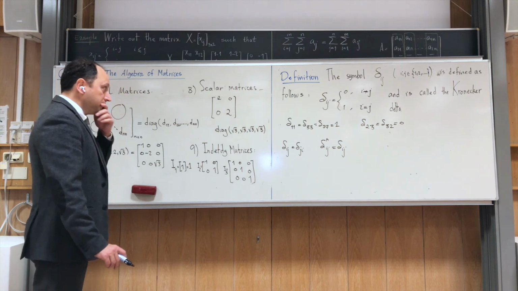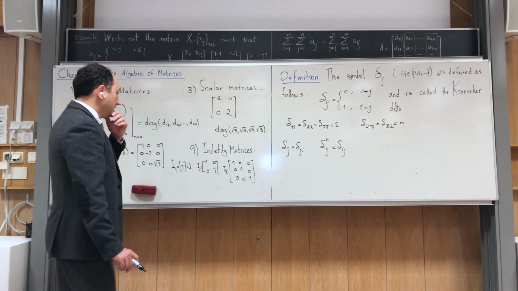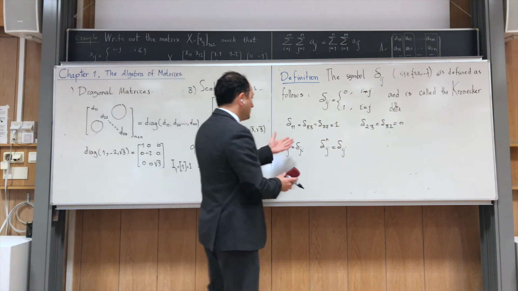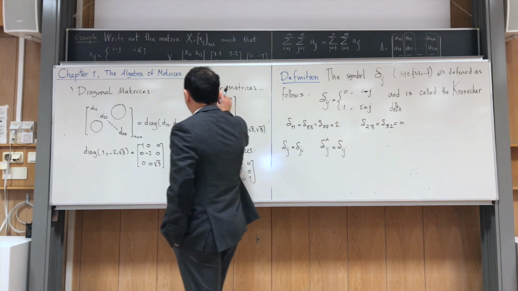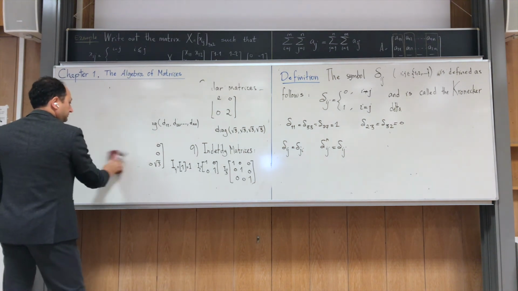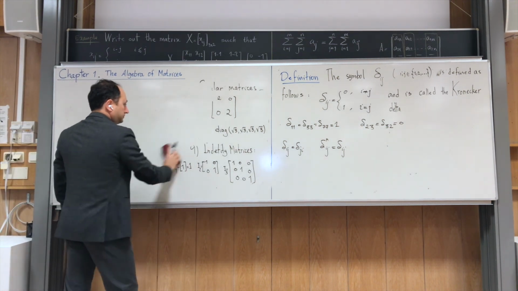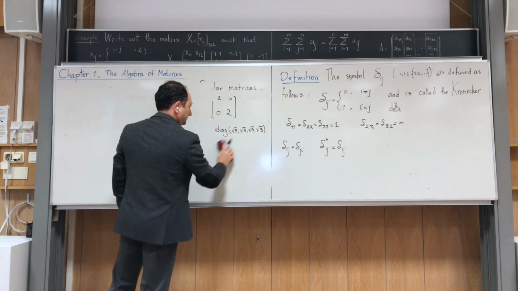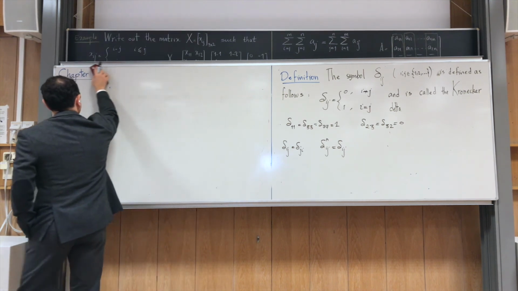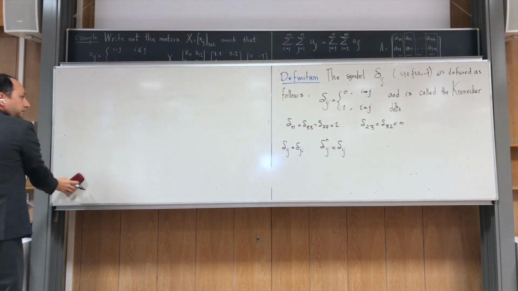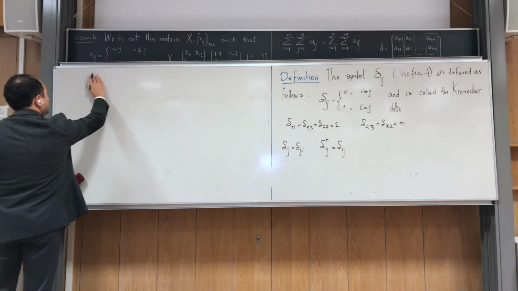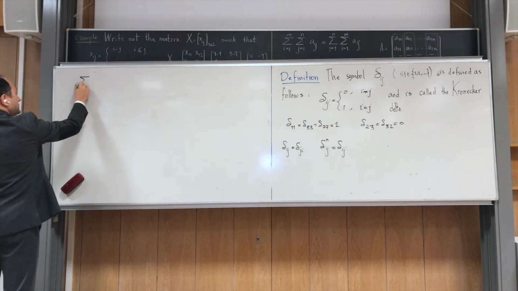What is the benefit of this? Well, let me first give you an example using this idea of the Kronecker delta. So, for example, let us simplify this expression. Assume that you have a sum.